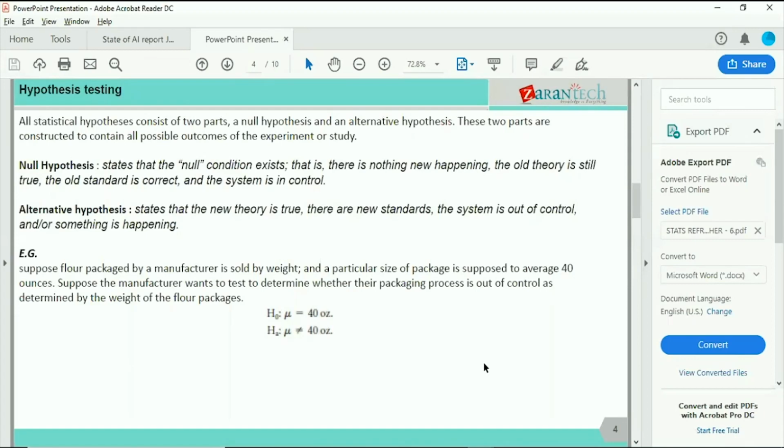Now, when I go into a bit of depth, every statistical hypothesis consists of two parts: a null hypothesis and an alternate hypothesis. What do they each mean?